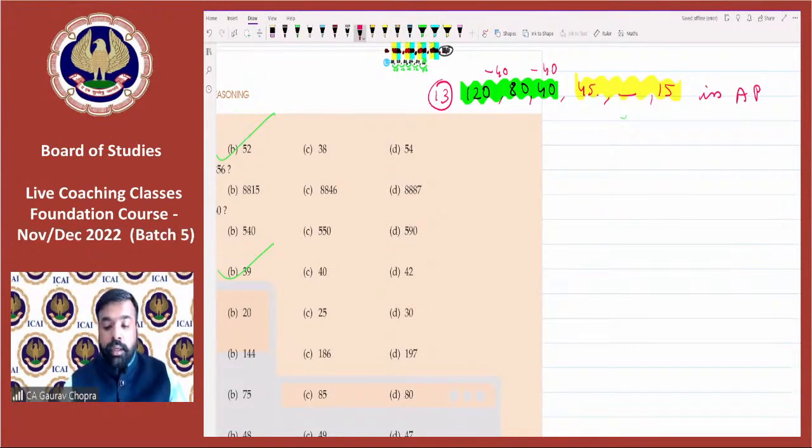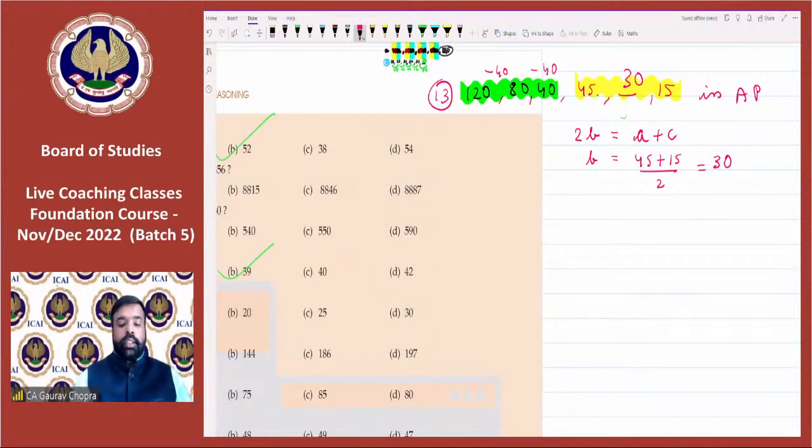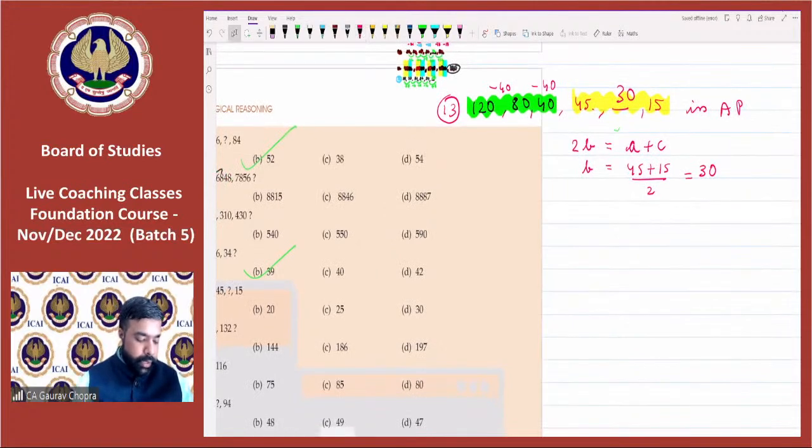If you remember, it is two times the middle term, that is 2B is equal to A plus C. So let's solve. B is equal to (45 plus 15) upon 2. How much are we getting? 30. So B is equal to 30. So the correct answer would be 30.